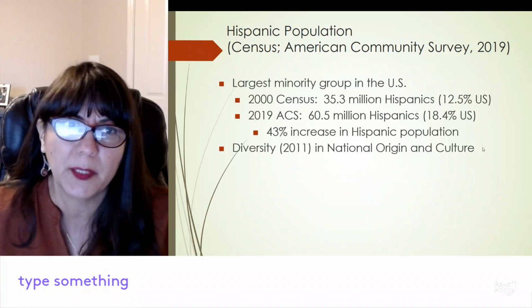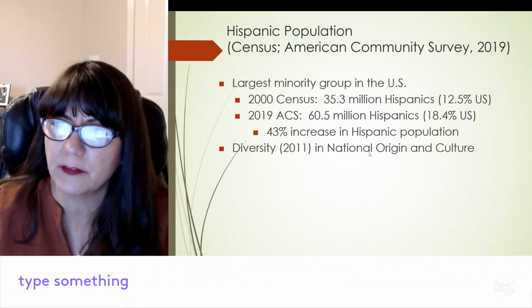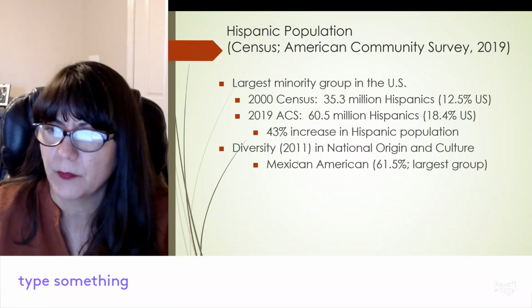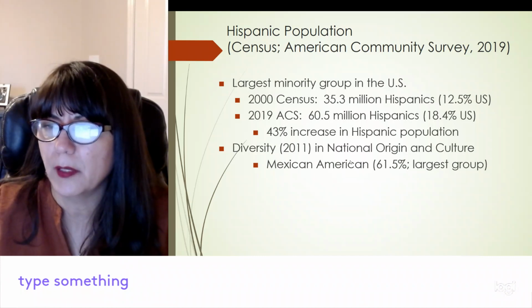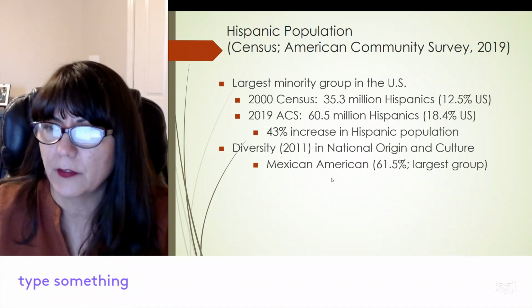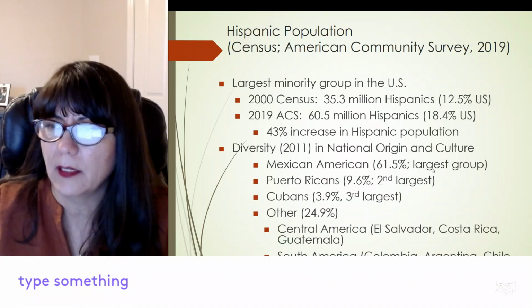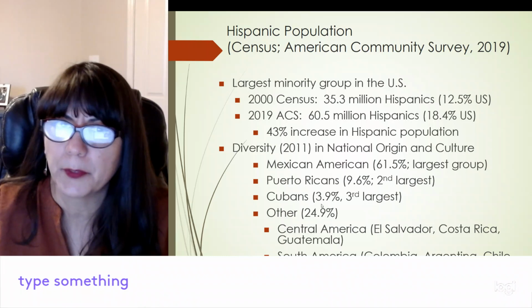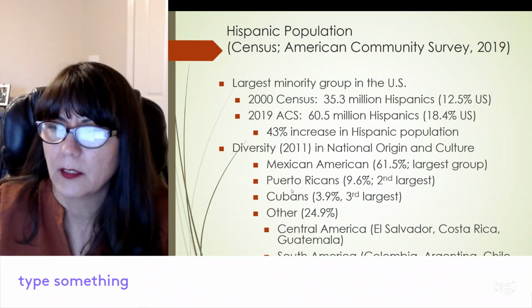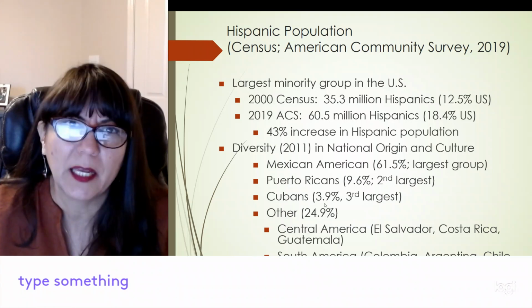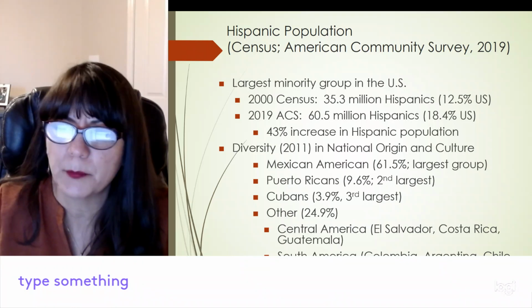Even folks from Spain, I think, are classified under the Hispanic population. Mexican Americans comprise the largest subgroup of Hispanics. Second largest are Puerto Ricans, and then Cubans, and about a quarter of all Hispanics come from Central and South America.